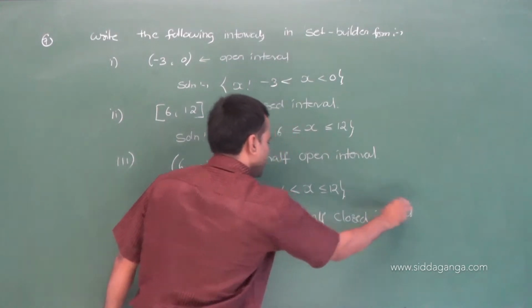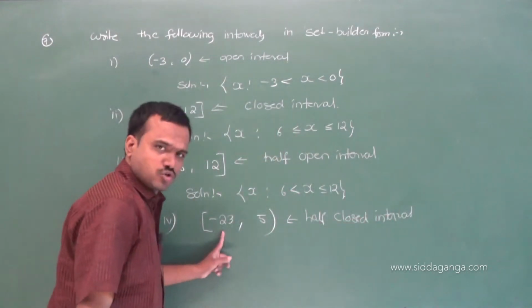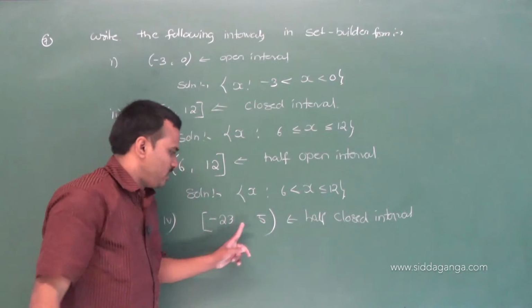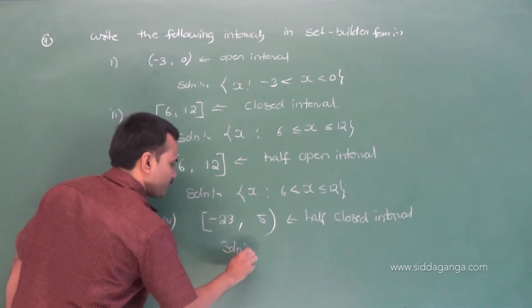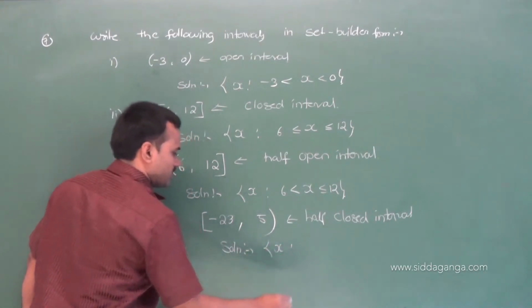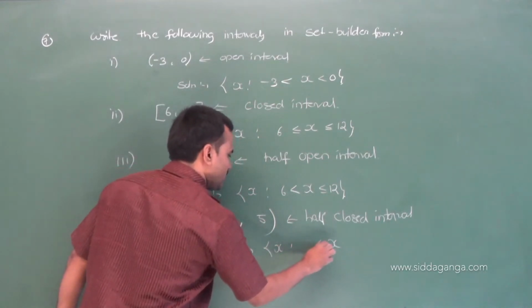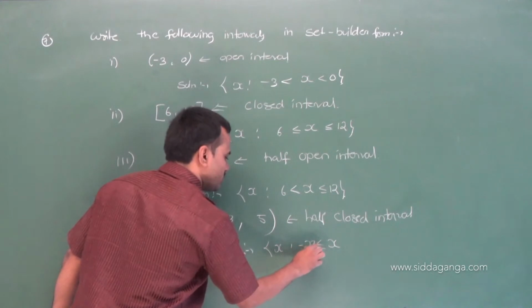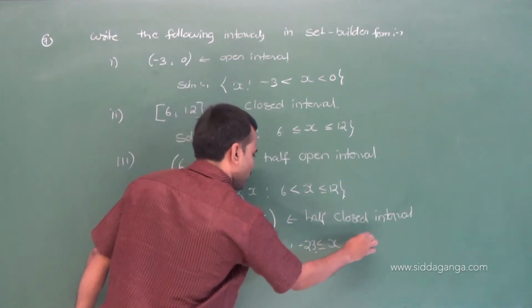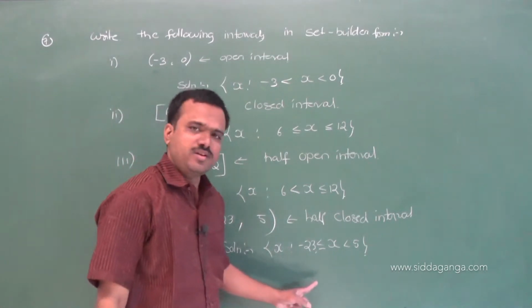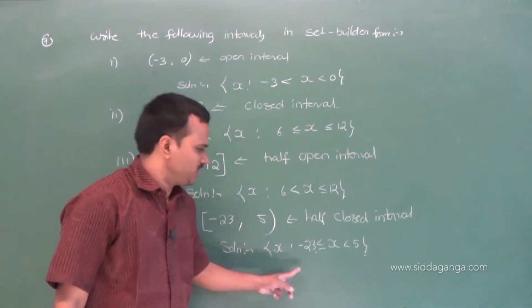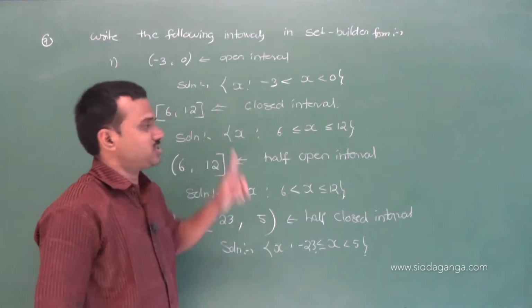Observe here, minus 23 is included, 5 is excluded. Solution. X such that x is greater than or equal to minus 23, less than 5. Understand? So this is a very important concept.